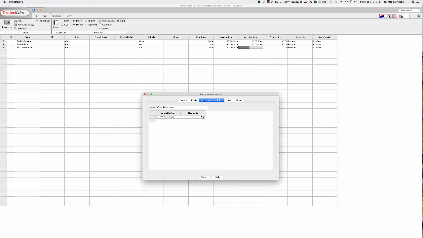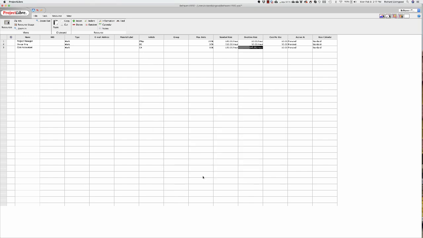Resource availability, only 50% of the time. All right. By the way, notice that we have assigned no tasks to this person yet. And we don't have any notes here. And you can keep notes, and notes can be very helpful, particularly if things change. So maybe the cost accountant rate changed partway through the project, and you want to make note of that. You can keep notes about what you've done.